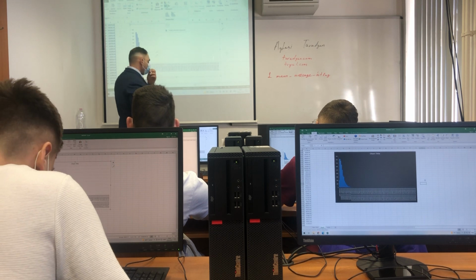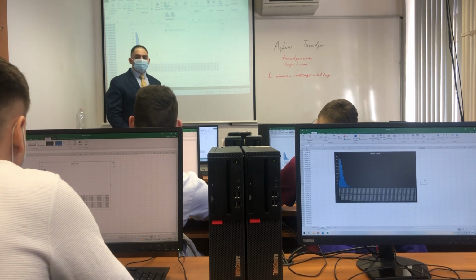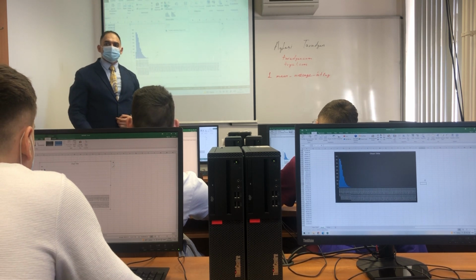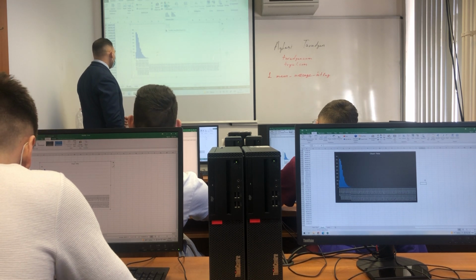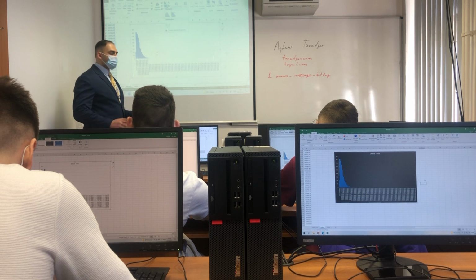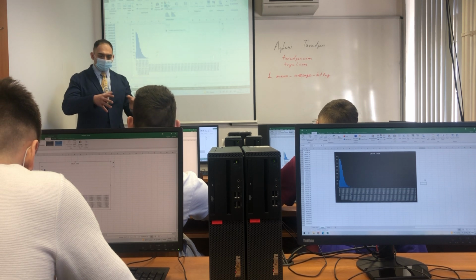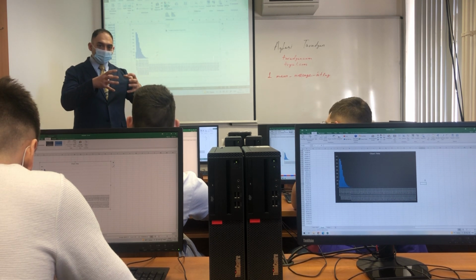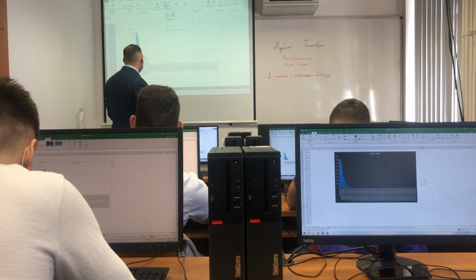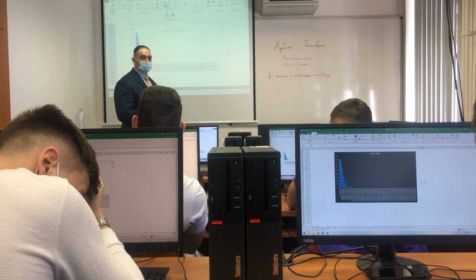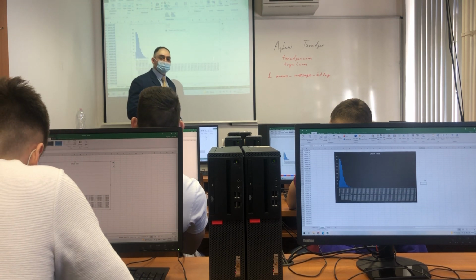In this case, what did histogram do? Histogram just counted. Histogram divided our data into bins. What is a bin? Bin is a basket. Divided our data into baskets and calculated how many instances are in each basket.